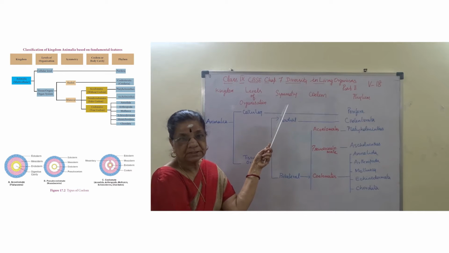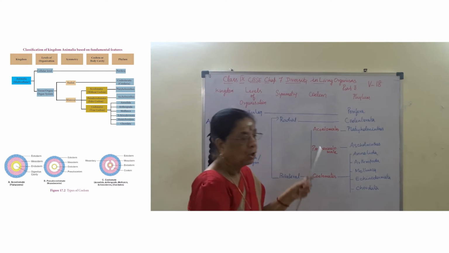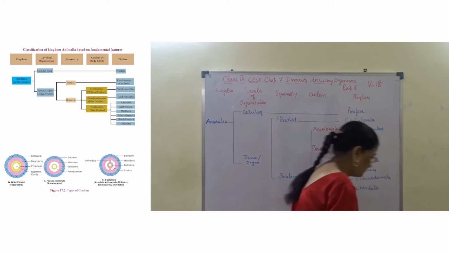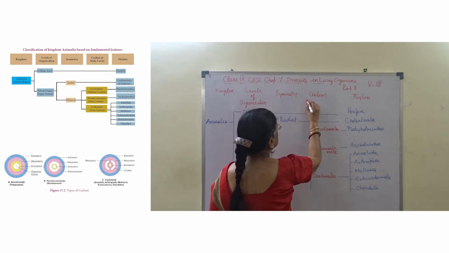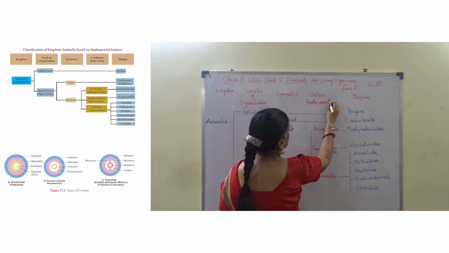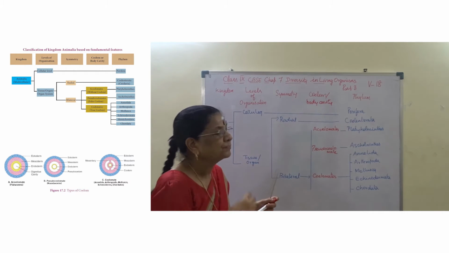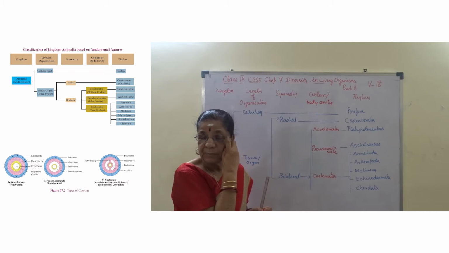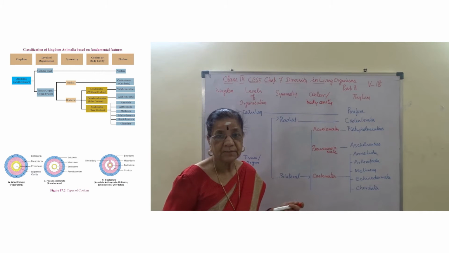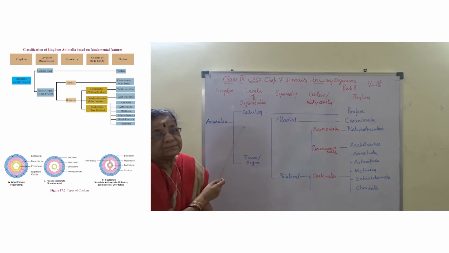And the next one is coelom or body cavity. Based on this, animals are classified. Are you clear? So first I say the criteria for classification.